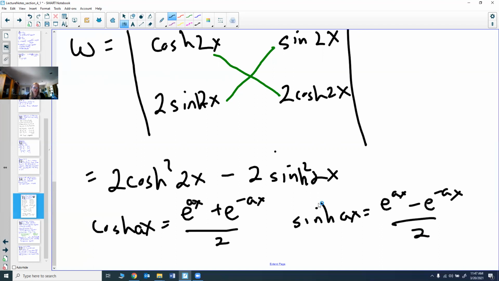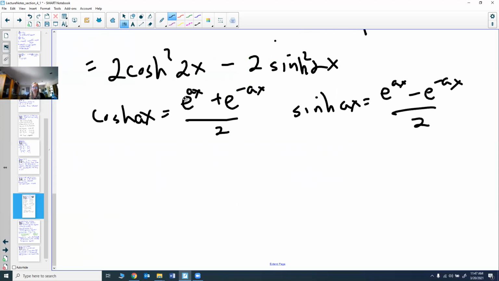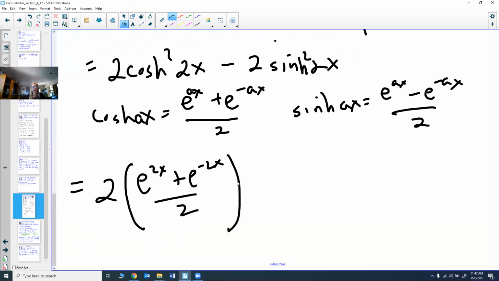And this is why we wrote these this way, because we happen to see in a lot of different equations we're going to solve in the future this combination of e to the ax and e to the minus ax. It's nice to write these as better looking functions instead of all these e's. So the cosh of 2x would be e to the 2x plus e to the minus 2x over 2, and that's being squared, because it is the cosh squared.